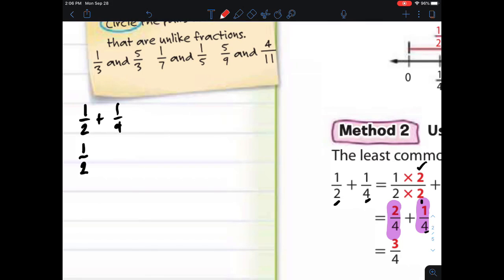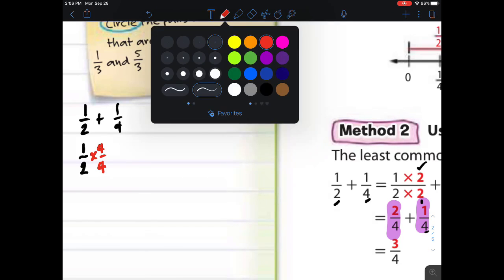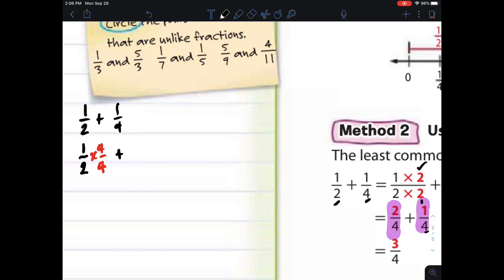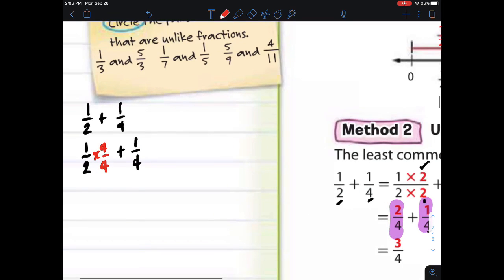In this case, it's 4/4. So I multiply this by 4/4. And I now have 1/4, and I multiply it with the opposite denominator, which is 2/2.